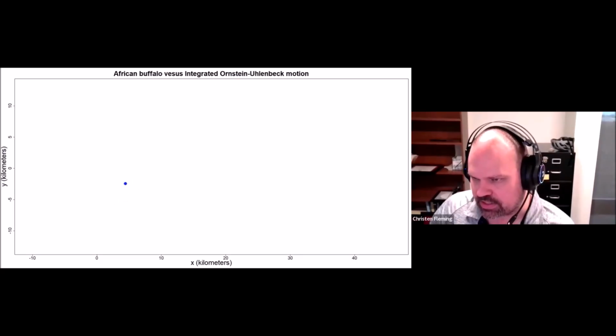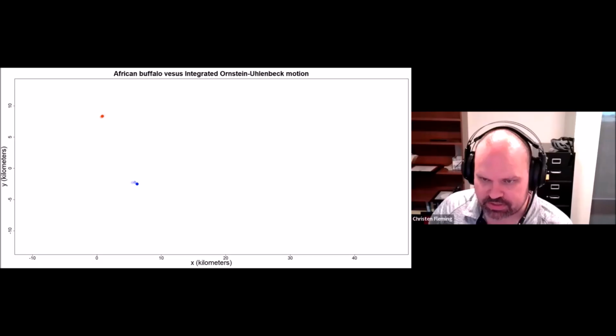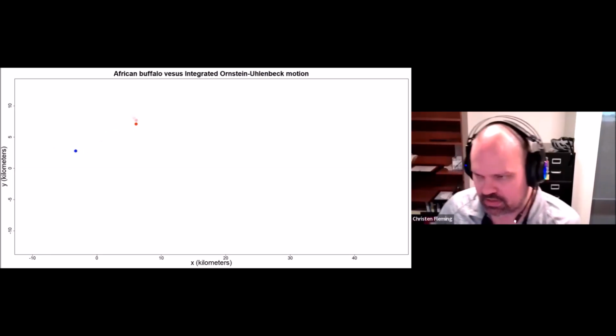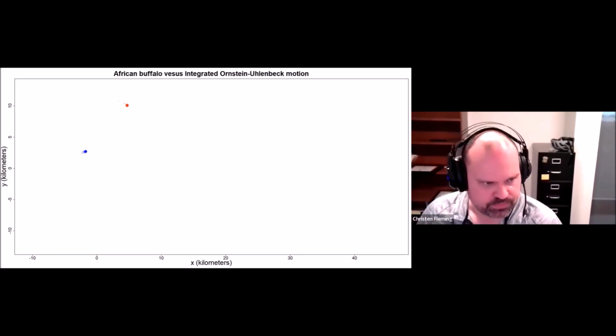This is the model behind the crawl package, if you've ever heard of it. But this model doesn't have a home range, so this animal will keep diffusing or dispersing endlessly forever as well.